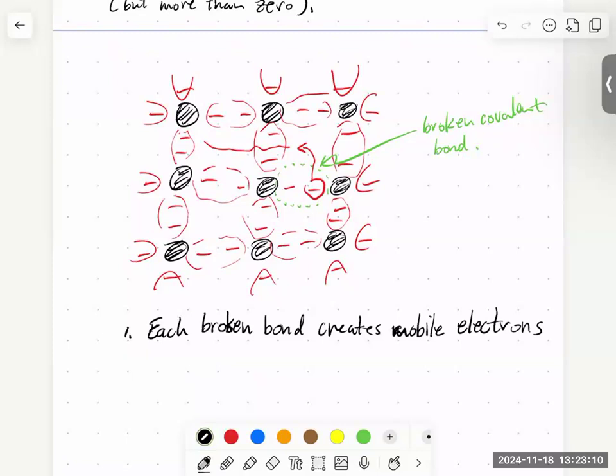If one of these electrons takes off and has moved somewhere else in the sample, like maybe it's off the screen somewhere, now we have essentially a vacancy of an electron. And we're going to call that electron vacancy a hole. So this is an electron vacancy, or a hole.